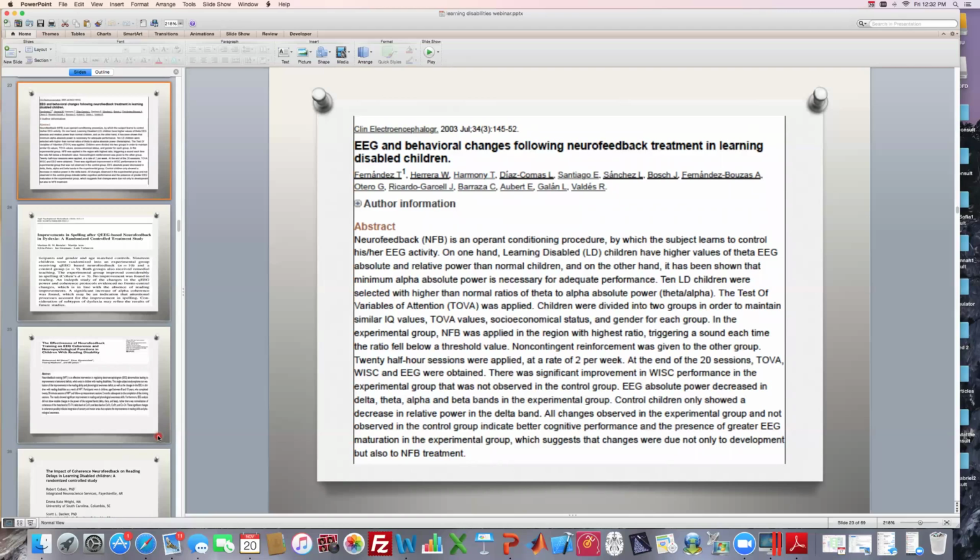They did TOVA tests and IQ testing, but never did any educational testing, which is really the great limitation of this study and very unfortunate, because they did show a significant change in the EEG. They have also done follow-ups to this and have shown that those changes have lasted, but they never actually did reading, writing, math, or spelling scores. So we have no way of knowing what the change would have been in the learning abilities of these children.